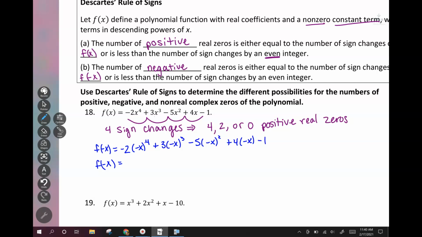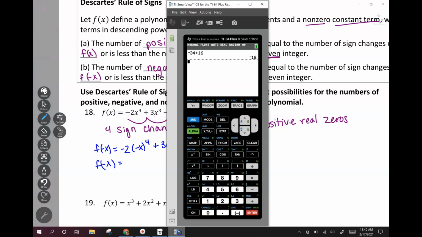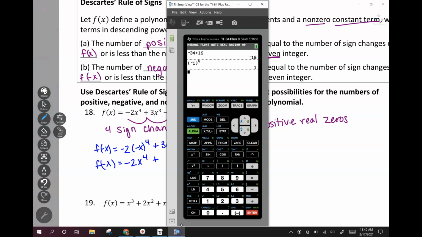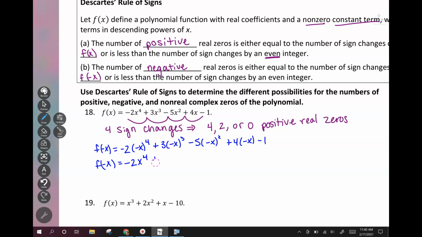So we know that when there's an even exponent, the negative's going to go away because negative 1 to the power of 4, just check it in your calculator, is 1. So that negative right here in front of the x is going to go away. So negative 2x to the 4. But this one, since I'll have negative 1 cubed, that negative will not go away. So it gets multiplied by the 3. So it becomes negative 3x cubed.